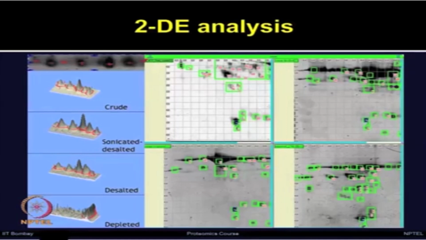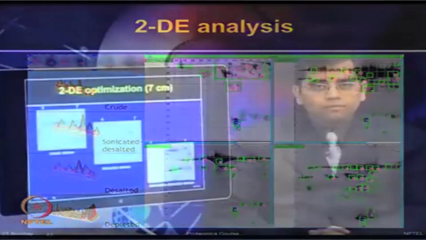So, we tried various types of treatment: crude serum alone, sonicated and desalted, desalted alone, and depleted and desalted, and then tried to compare the effect of this processing on overall proteome coverage.